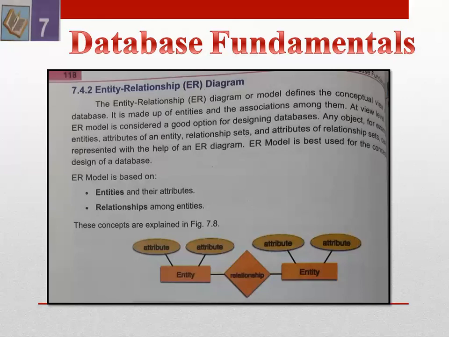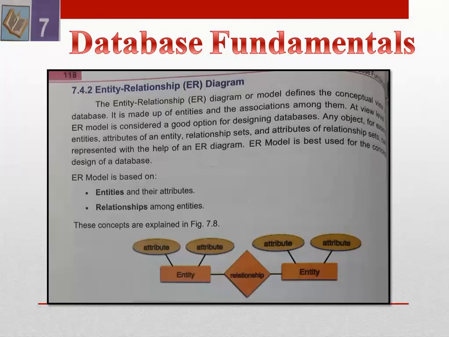You can represent your relationship with the help of a diamond shape. Suppose we have two entities, entity 1 and entity 2, and each entity has some attributes which you can represent with the oval shape, and then you can connect both entities with the help of the relationship. In the previous lecture, we discussed that you can create a relationship with the help of keys.